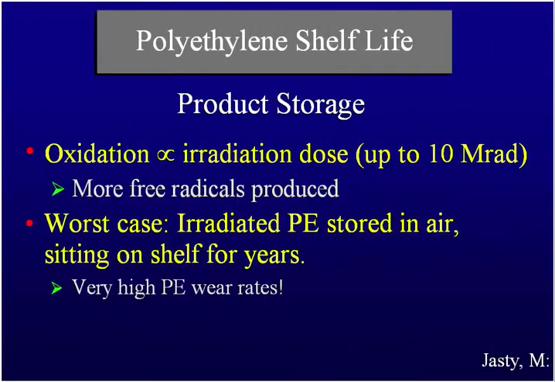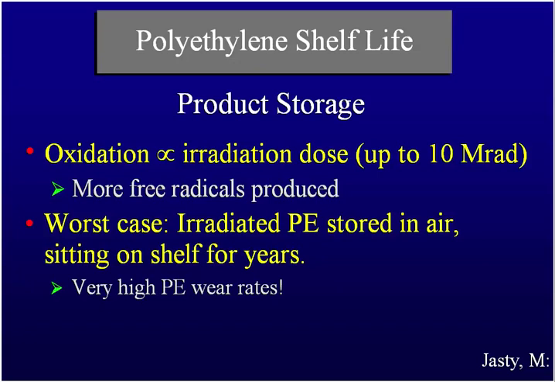Remember that in terms of polyethylene shelf life, the more you irradiate, the more oxidation you can have. So if you irradiate with high doses of radiation, you'll have more free radicals in that product stored. And if you allow that to oxidize on the shelf, you will have more oxidation occurring.